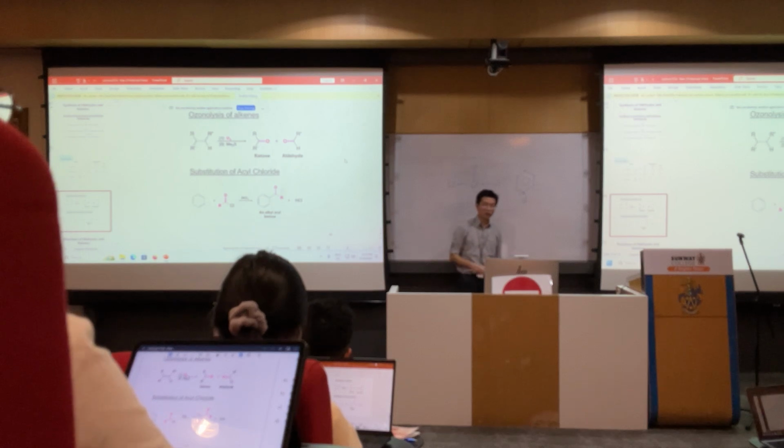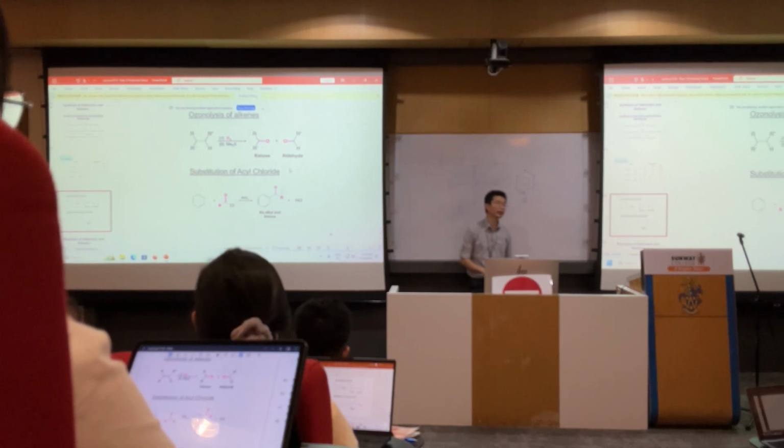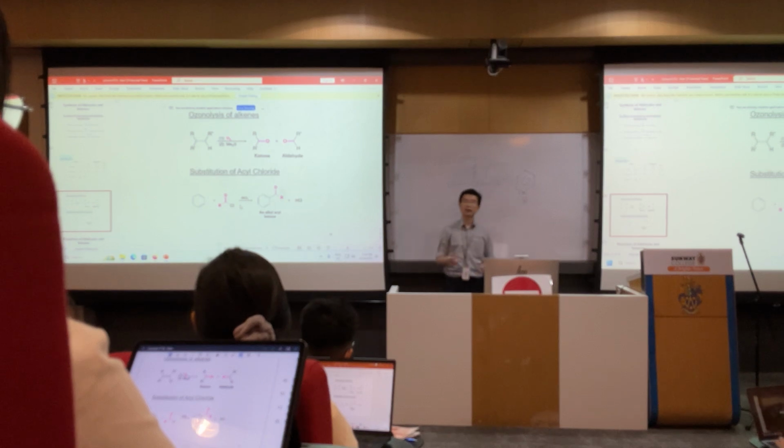And then the carbonyl group also can be obtained from the reaction between an aromatic ring and an acyl chloride. This acyl chloride, C double bond O X, is more reactive than carboxylic acid because the polarity is much higher than carboxylic acid.